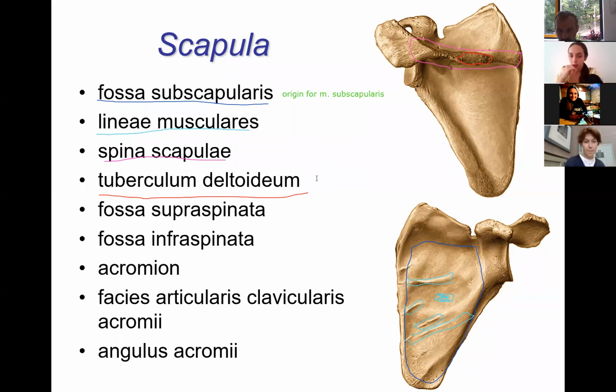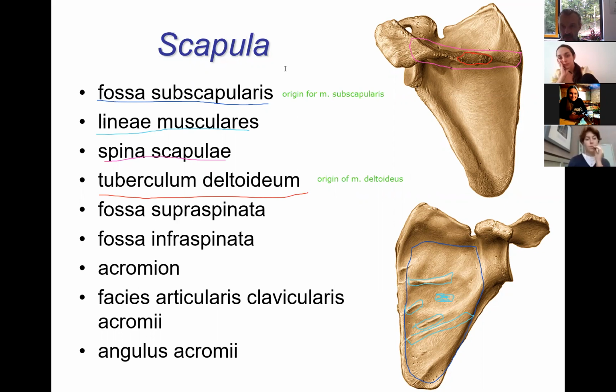So here we can write: origin of deltoid muscle. The deltoid muscle is a big muscle lying here, so it originates not only on the scapula, but also on the clavicle and also on the acromion.